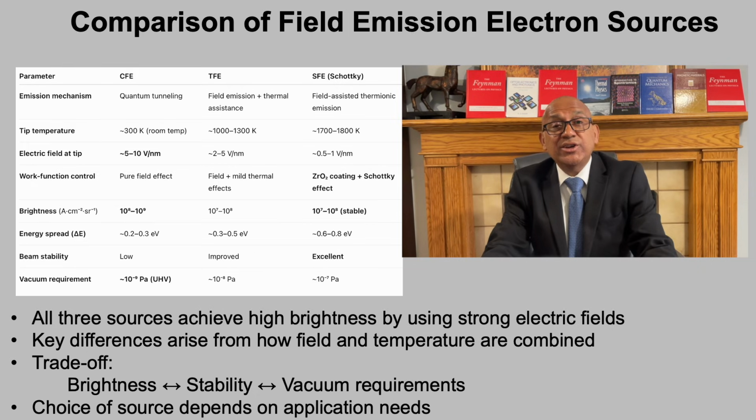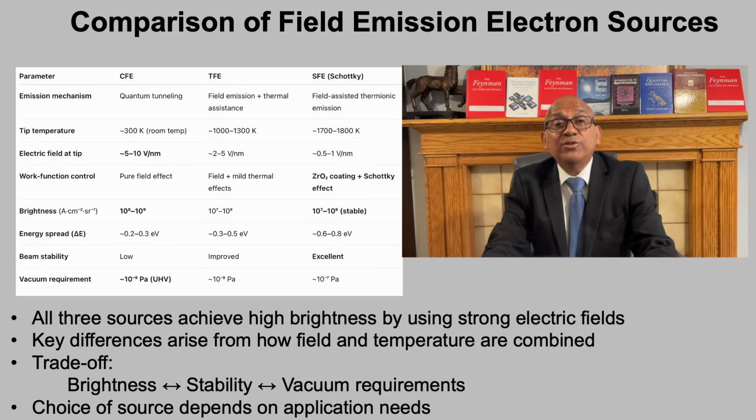In cold field emission, electrons are emitted purely by quantum tunneling from an atomically sharp tip at room temperature. Because the source size and angular spread are extremely small, CFE provides the highest intrinsic brightness, typically around 10 to the power 8 to 10 to the power 9 amperes per square centimeter per steradian.